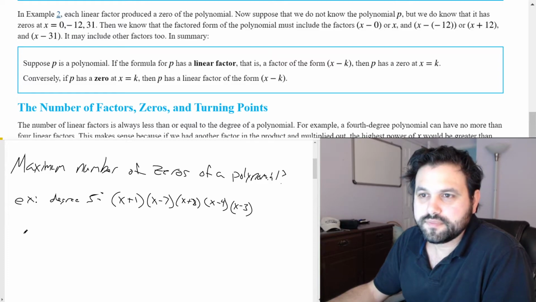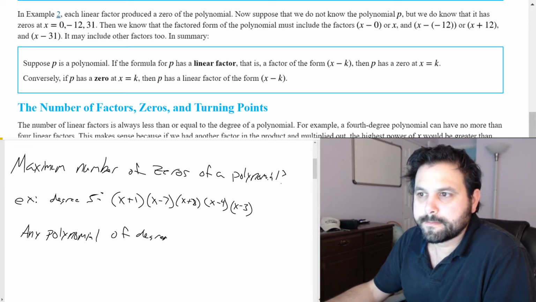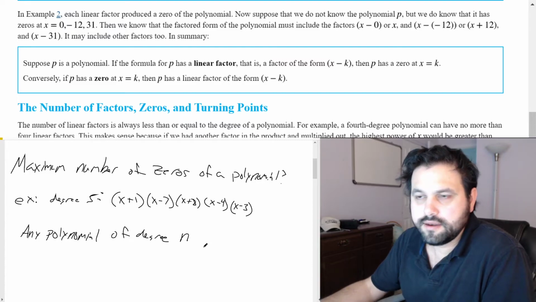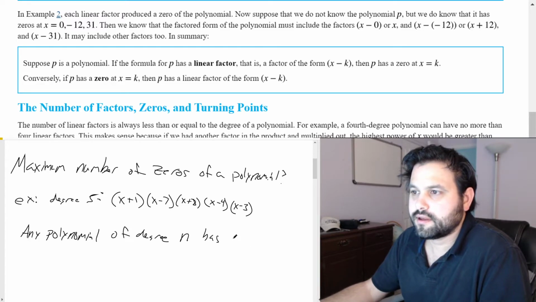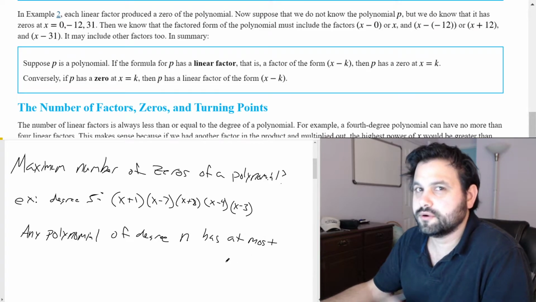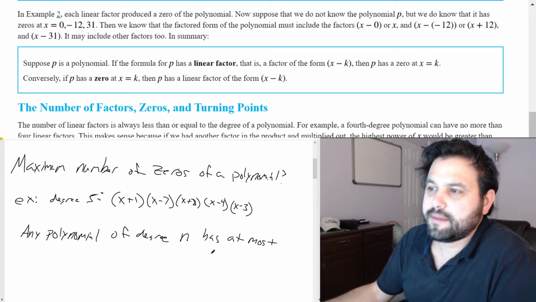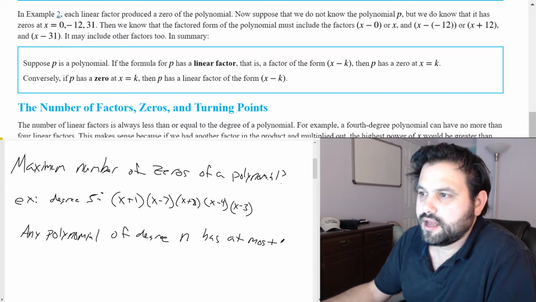So any polynomial of degree n, right? So any number, so degree 7 can have at most, it can have fewer, and we'll talk about that in a second, at most n zeros.